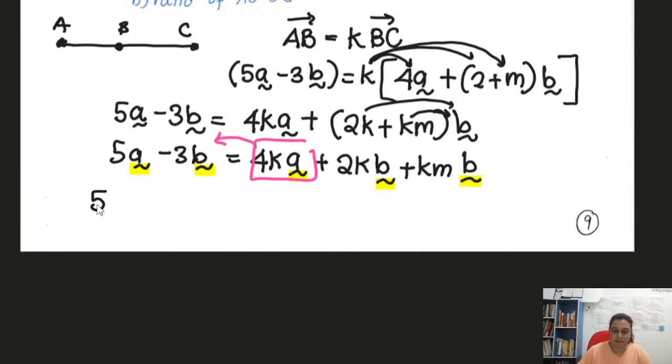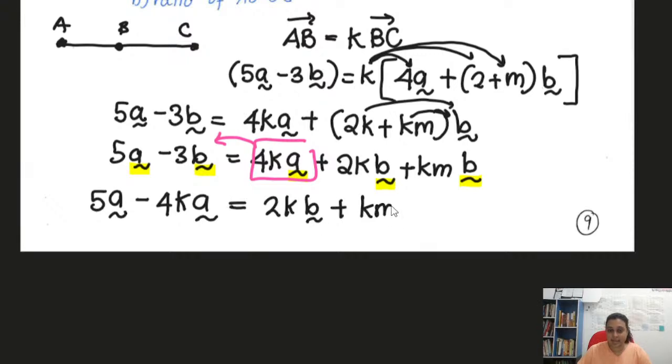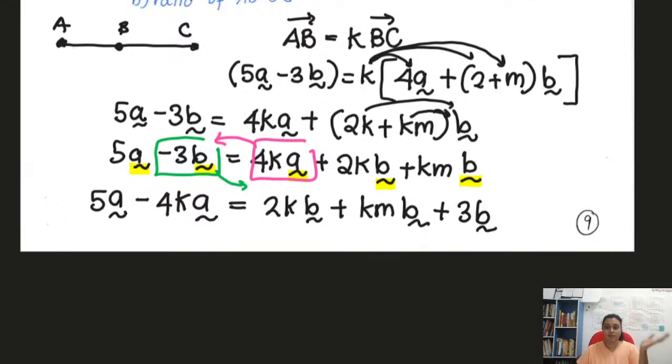Okay, so 5 vector A tolak 4K vector A equals to 2KB plus KMB, negative 3B bawa pergi ke belakang becomes plus 3B. Okay, you move it behind to the back.